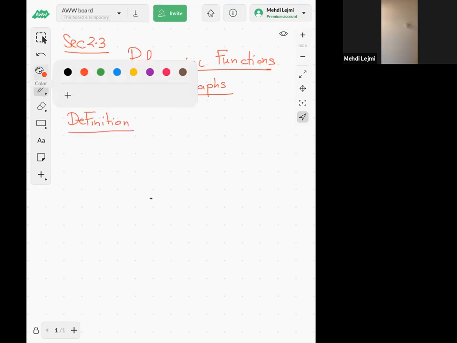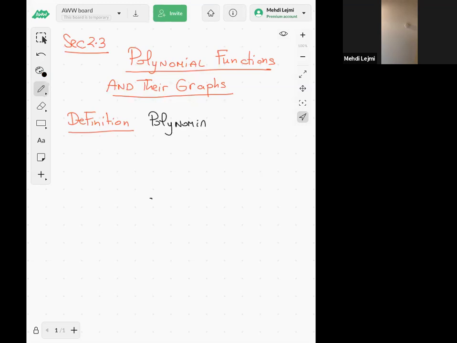Polynomial functions are functions of the form, so as I said, it's just a combination of powers of x.